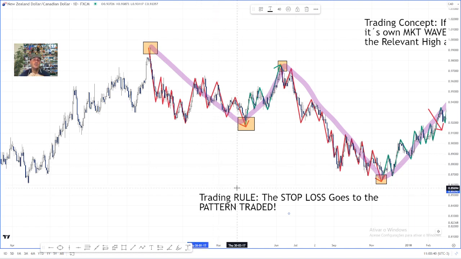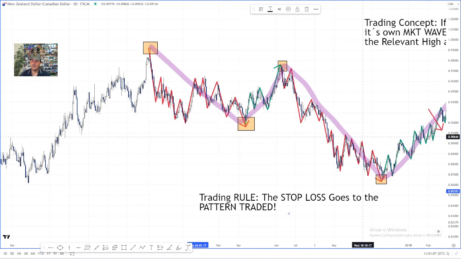But if you're a beginner trader or an intermediate trader, or if you are trying to be consistently profitable for 5 years, 6 years or more, I would highly suggest that if your way is not working, and this is common sense, try mine. This is one of my ways. The stop loss goes on the pattern traded, period, end of story.